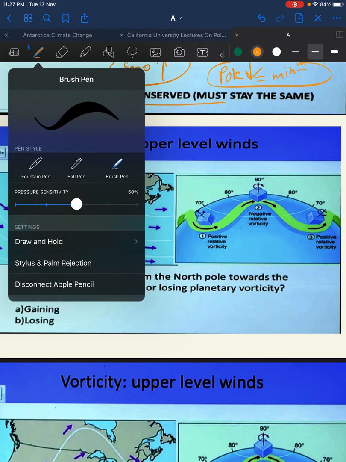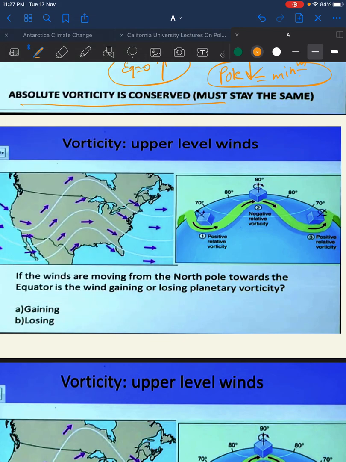If you are moving towards the equator, that means planetary vorticity will decrease, since there is no rotation along the axis. Here we have rotation across the axis at 90 degrees. So we are losing planetary vorticity.